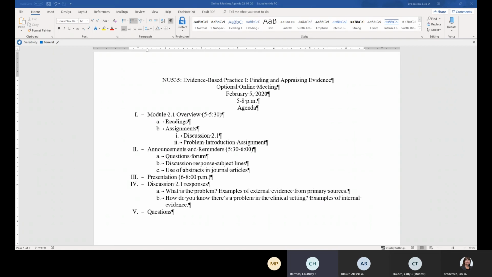So as far as external evidence, I was able to find some things. I definitely noticed that having a librarian to help you structure a bit better would be very helpful. But I did find some articles that kind of talked about the same thing I had found of these nurses once they're done and their experiences, as well as what other places have done to implement orientation modules for extra education for these nurses.